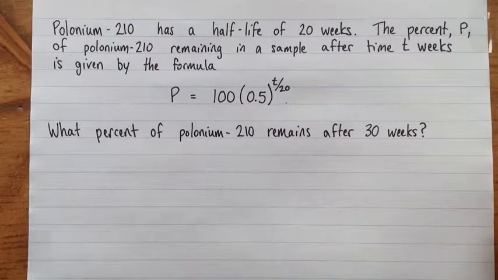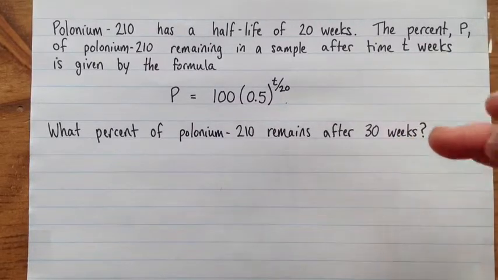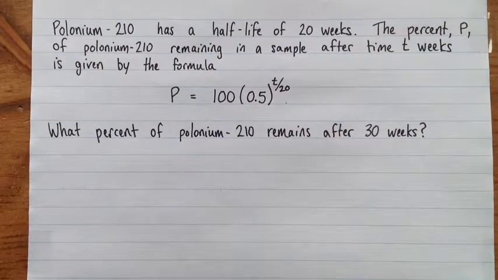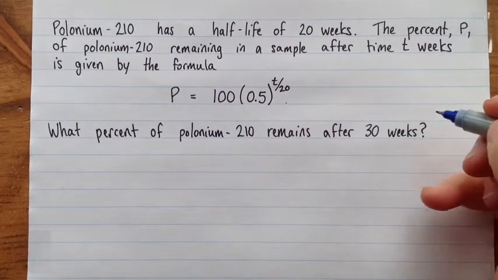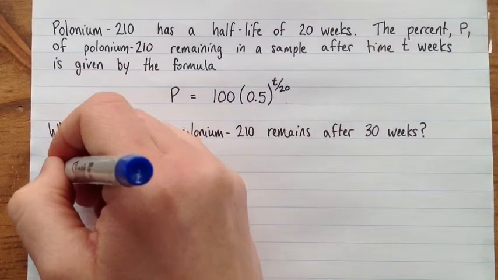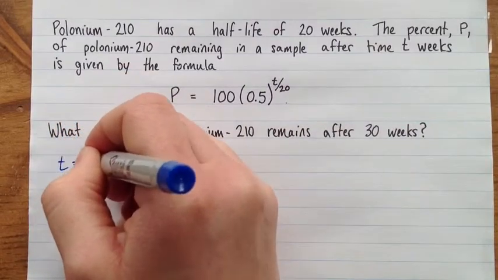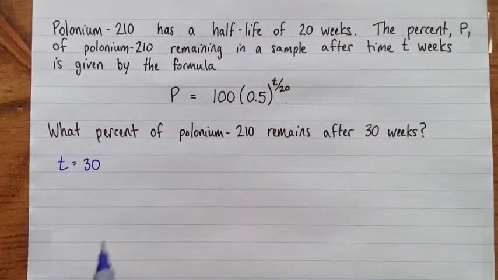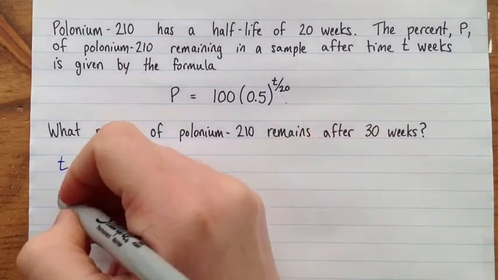And how we do this is actually pretty simple. What we have, get a blue marker out, 30 weeks, this tells us that time t equals 30. Okay, and then all we do is we substitute 30 for t.